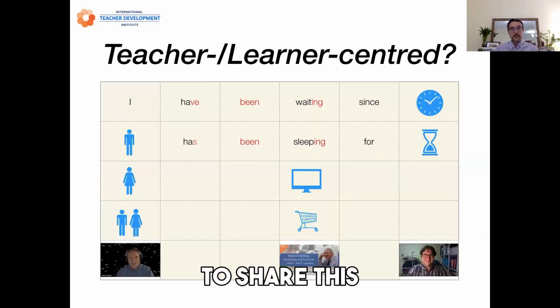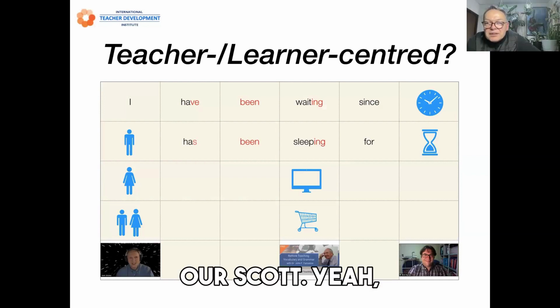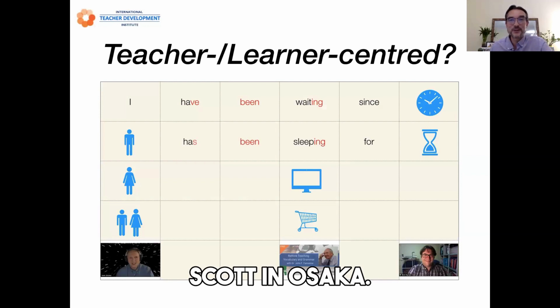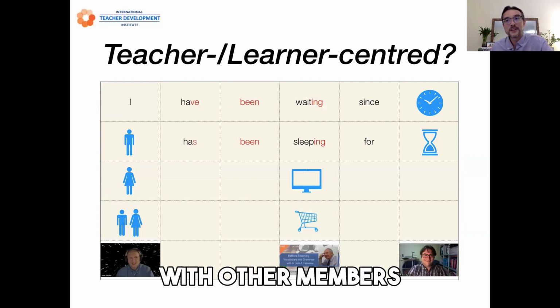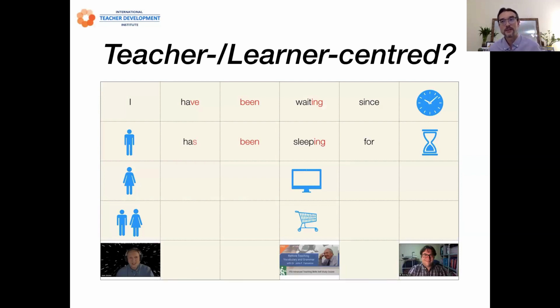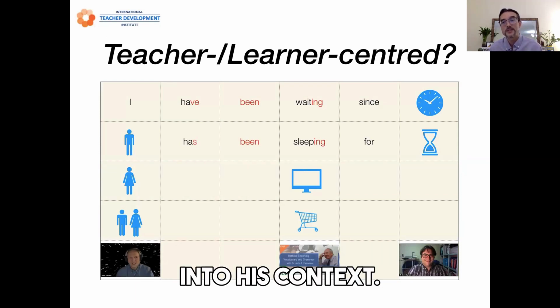I'd like to share this one. Down in the bottom corner, there's a picture of Scott. He's been with us on a number of different courses and part of the IT community for so many years. Yeah, not the Scott, but a Scott. This is another Scott in Osaka. On an early TESOL course, he shared this with other members of his cohort, which Rhett in the bottom right loved so much he then readapted it into his context.